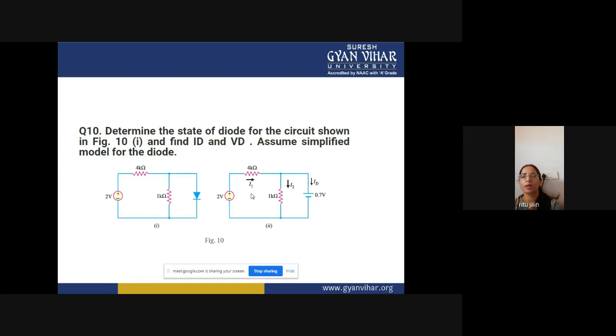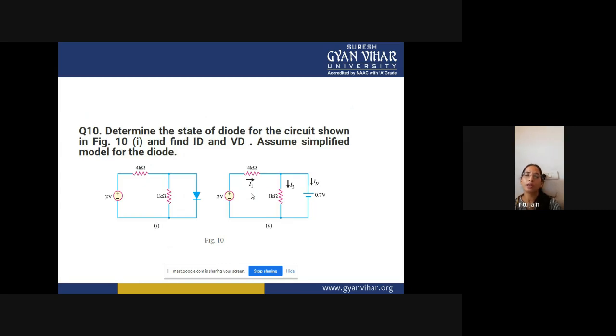Now you have to find out the diode current in this circuit. The I1 current is flowing through the 4 kilo ohm resistor, the current flowing through the 1 kilo ohm is your I2, and the current flowing through the diode is your ID. Now you can apply KVL and KCL at this node.